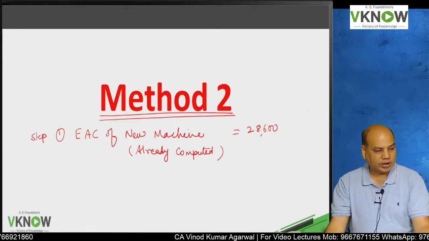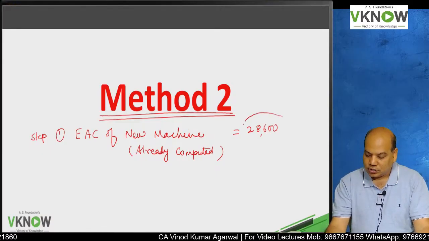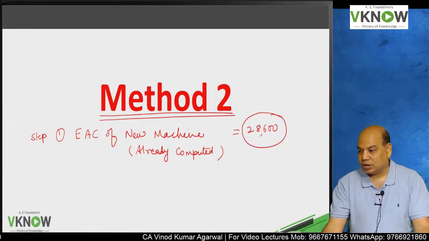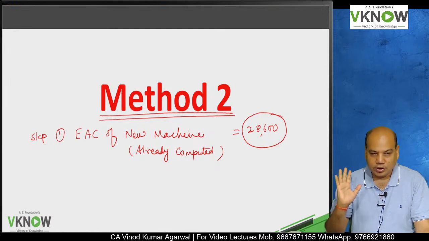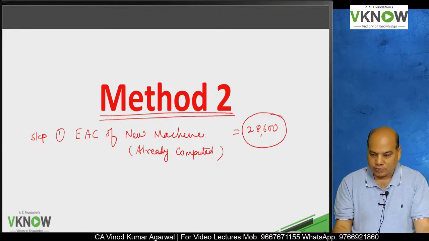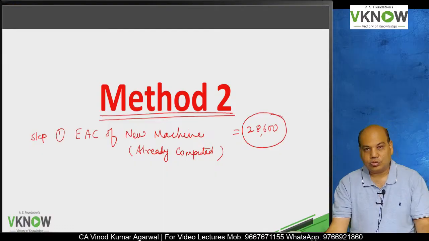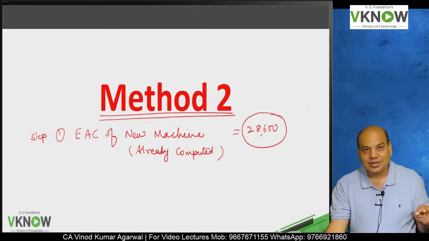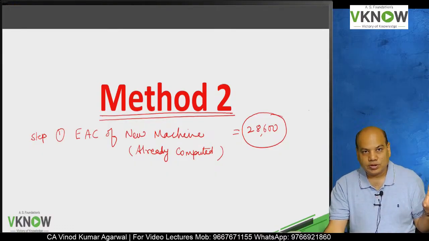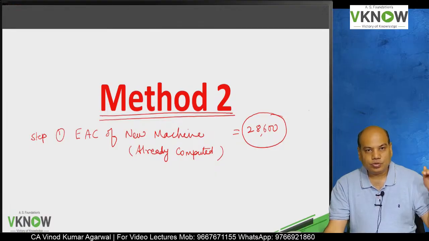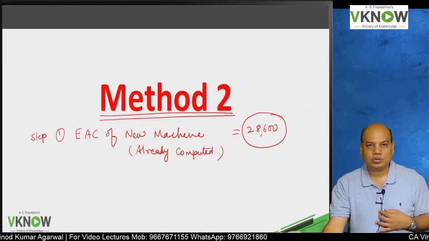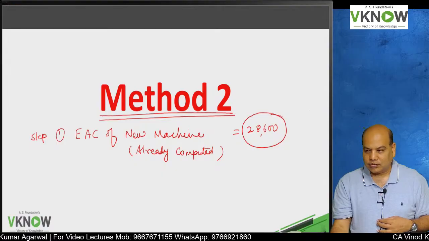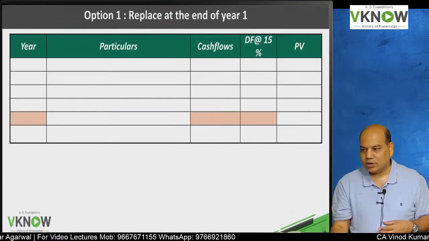And if this is lowest, then we'll replace now. Understood? If this is lowest, then it is better to replace now only. And then I am going to compare EAC of old machine if used for 1 year, 2 years, 3 years, and 4 years, and then whichever is lowest, that we will take.